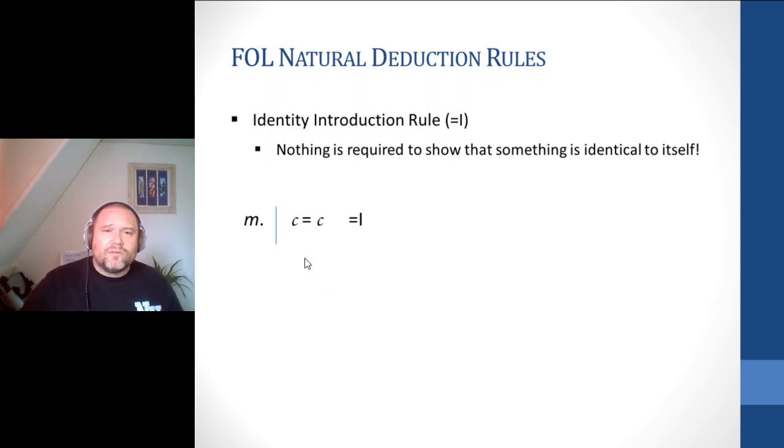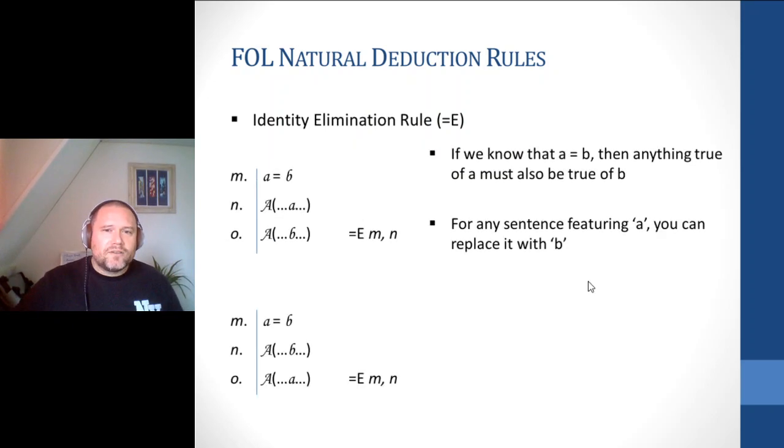And this is fairly straightforward, because we don't need to show anything or prove anything to know that an object's self-identical. That's just given. Everything is itself. So that's identity introduction. The flip to identity introduction is identity elimination. And identity elimination is probably better understood as substitution.